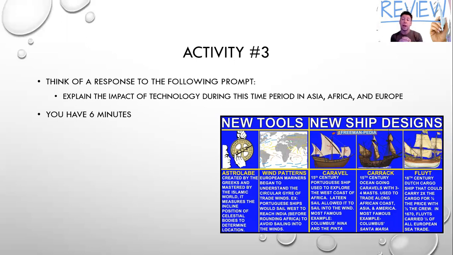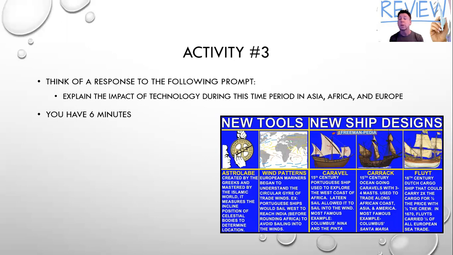Don't limit yourself to just one. I know everybody wants to limit to Europe and say, oh, we're going to talk about Christopher Columbus and go across. But you also have to realize the Chinese did certain things with their ships. You see Africa and the Islamic empires helping to create new technologies as well.